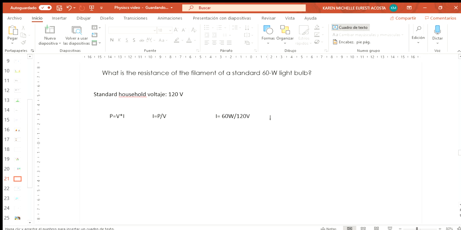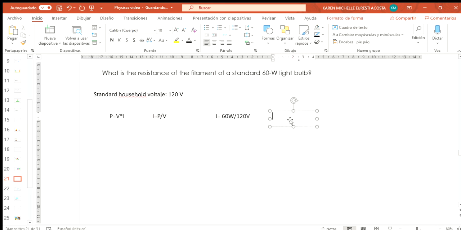We make the operation and we have that electric current is 0.5 amps, that is stood for by the A.